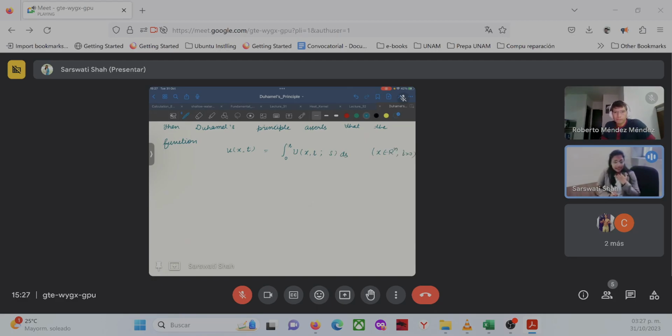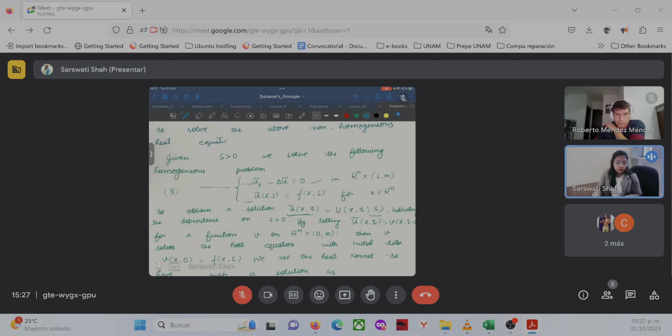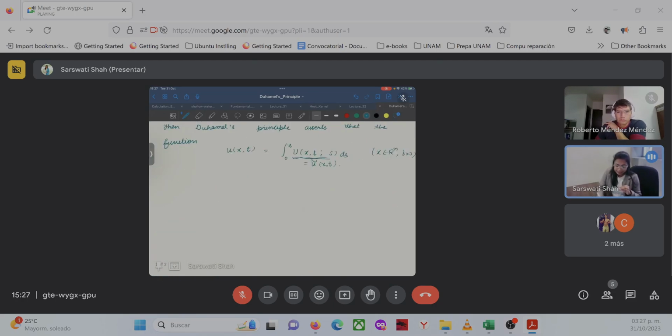Now I am saying that this capital U, which equals u tilde of x comma t, is going to be a solution of the homogeneous heat equation with the variable initial condition. Then its integration over 0 to t is going to be a solution of the original equation. How is this coming? Let's see the proof.